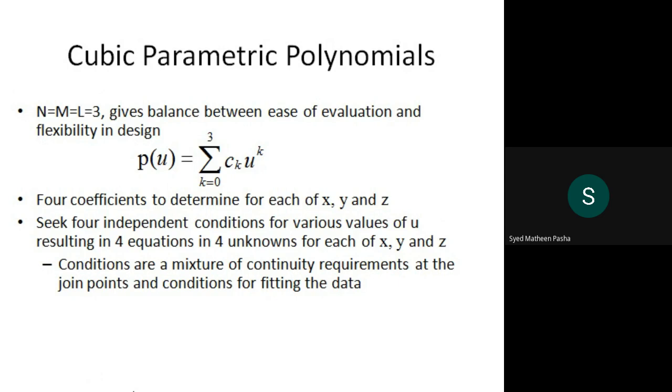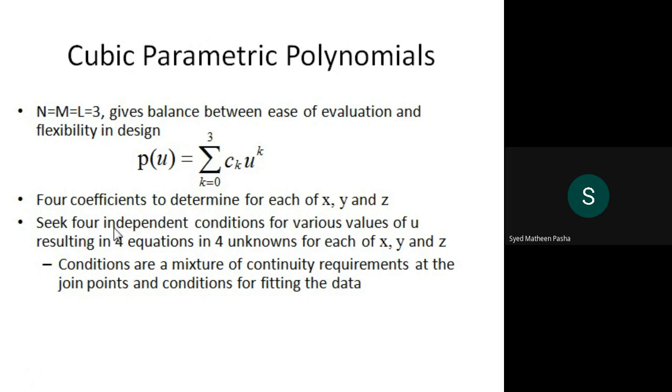If n, m as well as l are equated to 3, there is actually a balance between evaluation and the flexibility of the design wherever you are designing a polynomial. So how do you represent a cubic parametric polynomial? With a similar equation of a polynomial, you are just representing the condition where the kth value should go from 0 to 3.